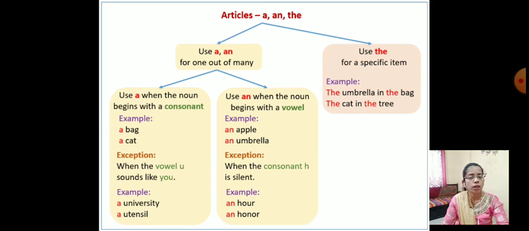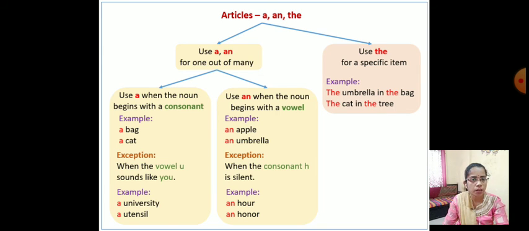It sounds like a consonant, so that time also we use a. Now, when do we use an? When the noun begins with a vowel: A, E, I, O, U. Example, an apple, the first letter is a vowel. And umbrella, also a vowel. So before a vowel sound we use an.